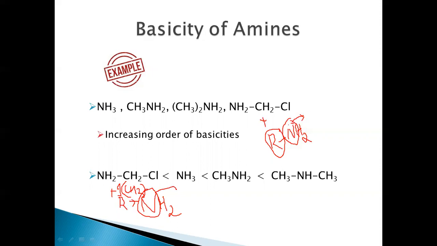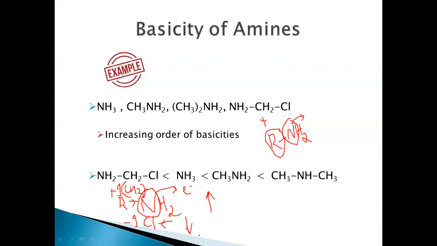So this can donate the electrons easily now, which increases its basicity. On the other hand, if this R is a minus I group like Cl, now this is an electron withdrawing group. It will withdraw the electrons from the system towards it, which in turn will decrease the electron density on the nitrogen. So this will decrease the basicity.